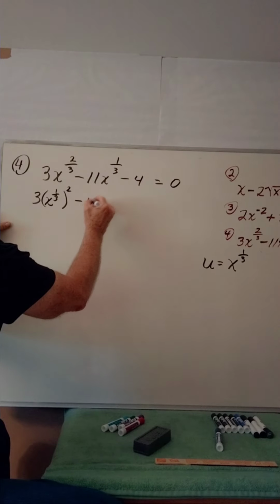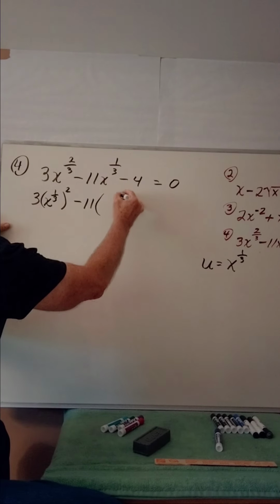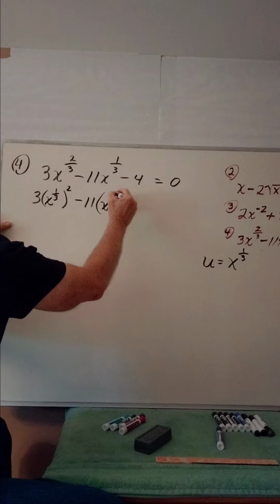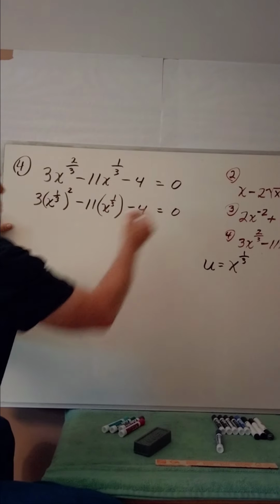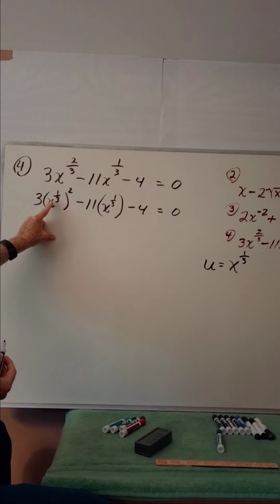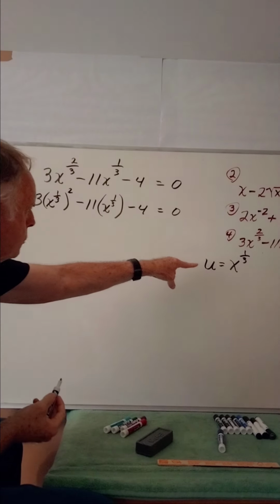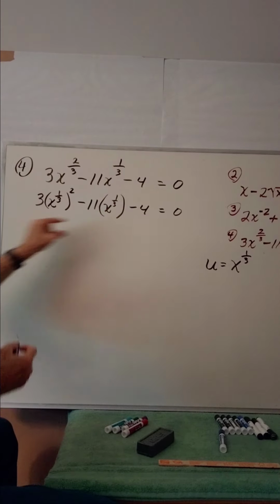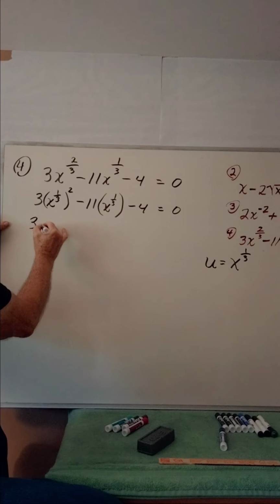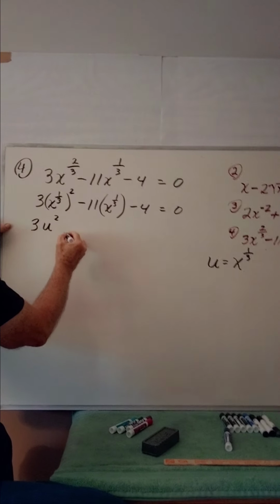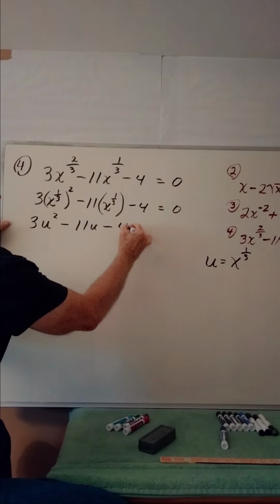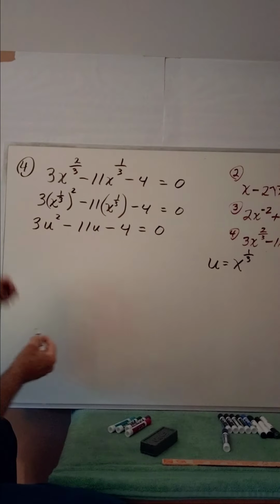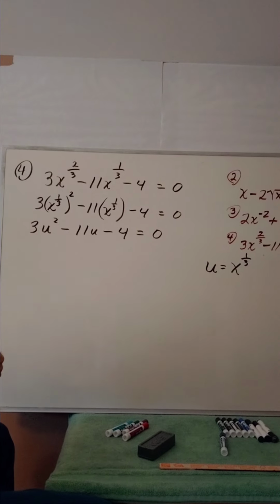Bring down the negative 11, make a house, x to the 1/3, negative 4 is equal to 0. A u's going there because it says so. A u is going there. 3u squared, negative 11u, negative 4 is equal to 0.